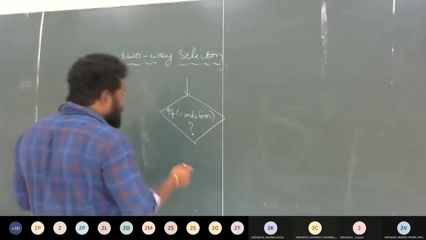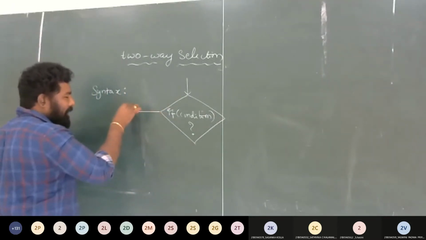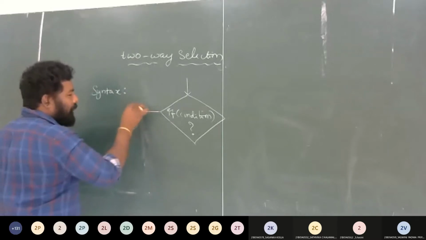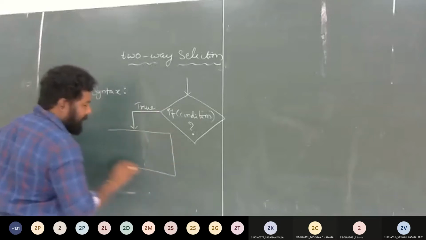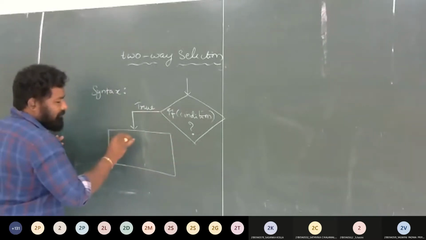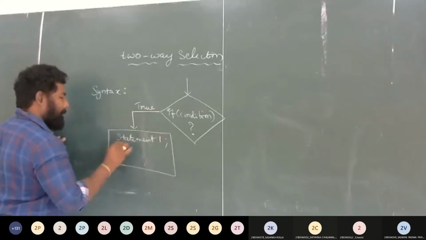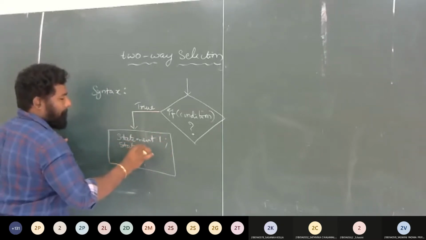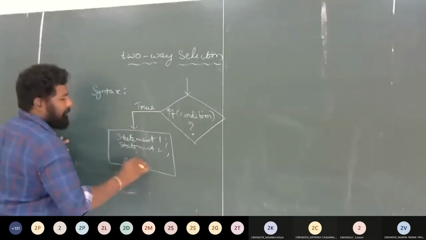Okay, so for that, instead of writing true here, I am taking this left hand side wing as a true block, true. Okay, so if this is true I'll execute a set of statements, statement 1 to statement n.